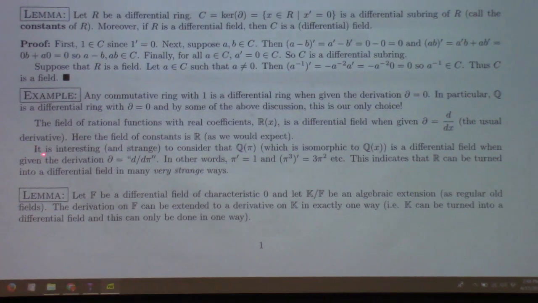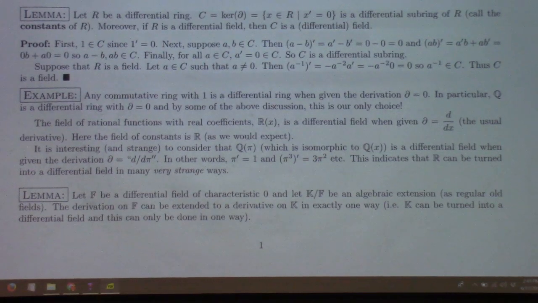So he says it's interesting and strange to consider that Q adjoin pi, which of course is isomorphic to Q adjoin X, is a differential field when given the derivation d/d pi. So the definition of the derivative here would be that pi prime is 1, and pi cubed prime is 3 pi squared, and so forth.